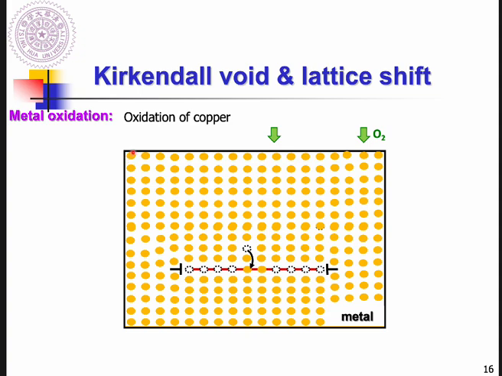For example, if you have a copper substrate and you flow oxygen inside the chamber and heat up to the working temperature, as long as the flux of the metal is larger than the flux of oxygen, you also have a chance to visualize the Kirkendall void formation and also the lattice plane shift, which we call the characteristics of the Kirkendall effect.